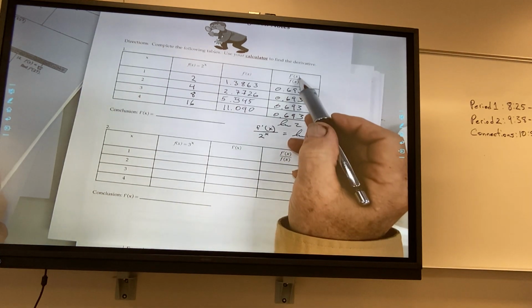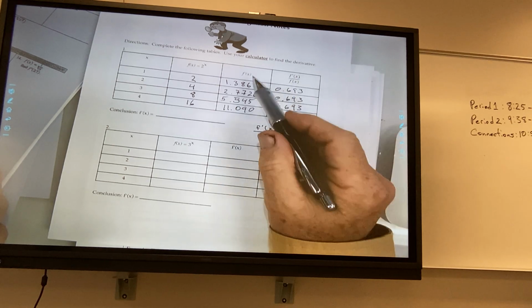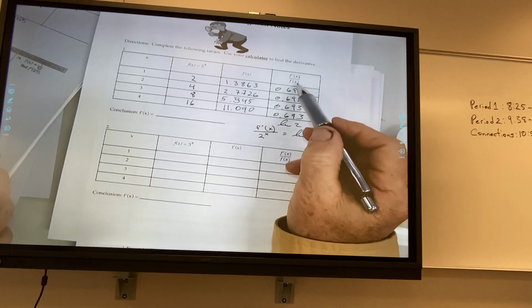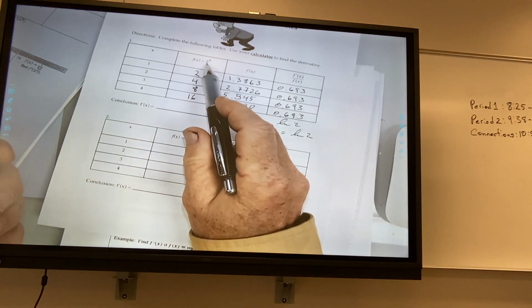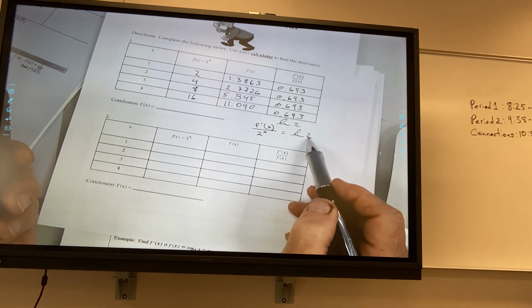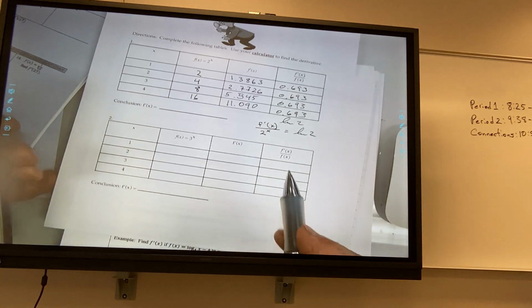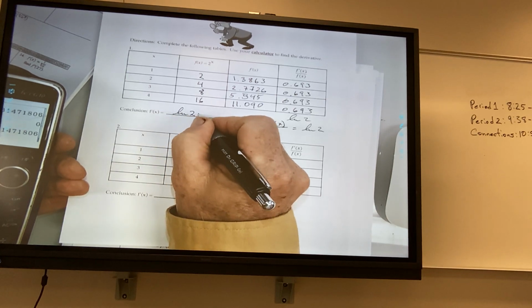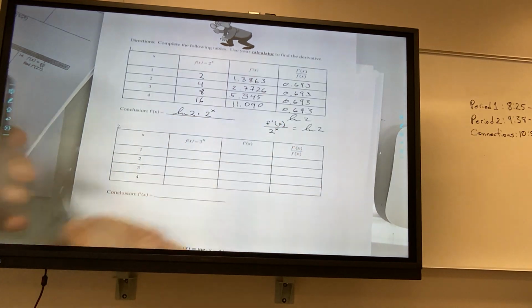Again, this was f prime of x. I don't know what it is, I just know some numbers. I know what f of x is, it's 2 to the x, so I put 2 to the x there, and I get the natural log of 2. So that derivative must be the natural log of 2 times 2 to the x.